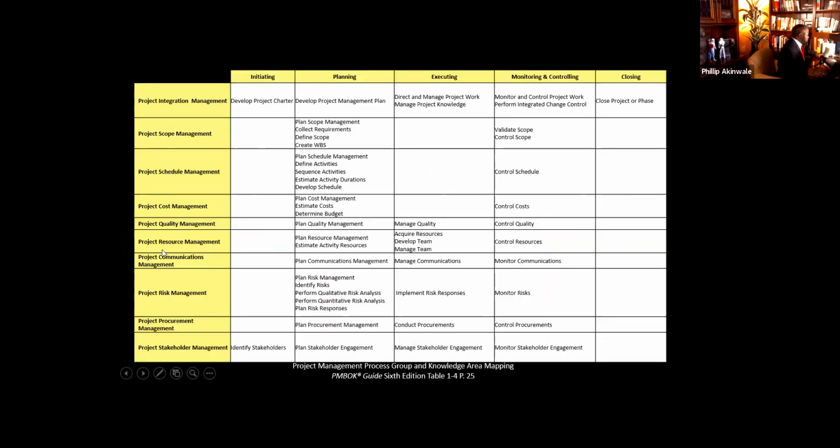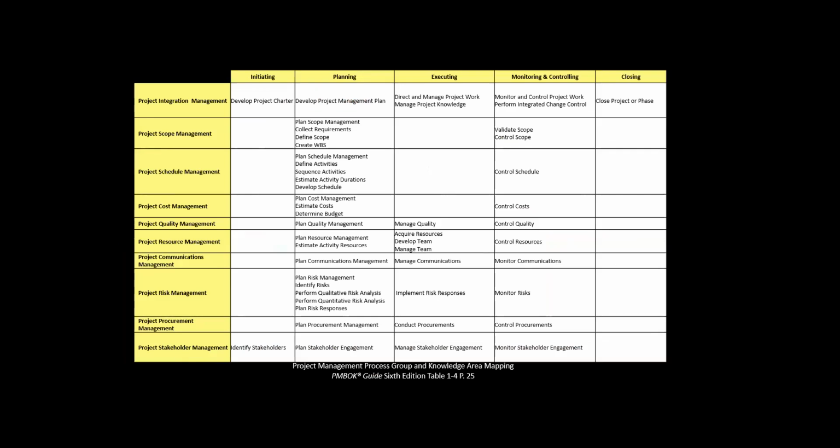So this is where we are, taking a look at the map of the world of cost. You can see that we have just four: plan cost management, estimate cost, and determine budget in planning, and then control cost in monitoring and controlling.